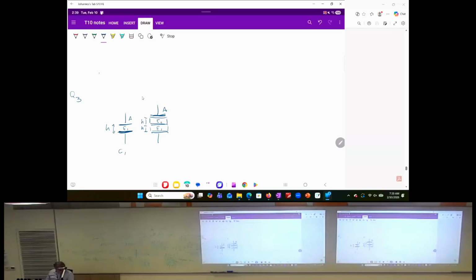So now calculate the electric capacitances C1 and C2.